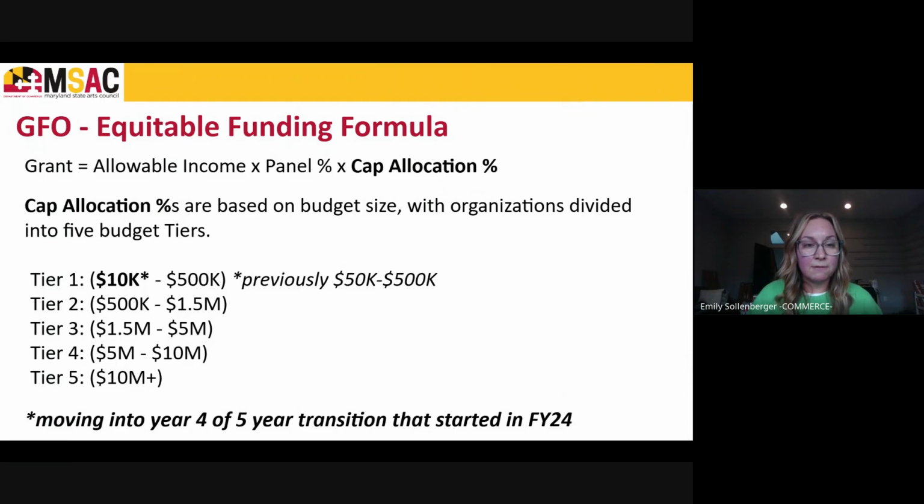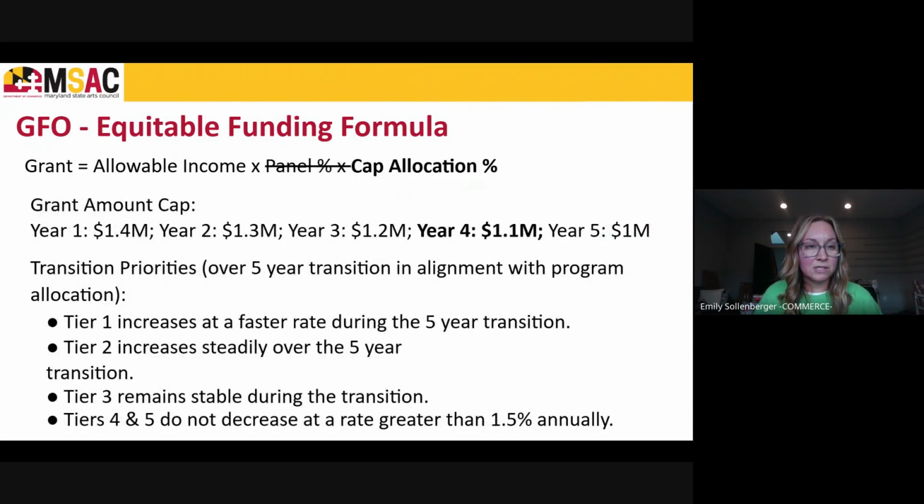So we established these tiers about 4-ish years ago. We are moving into year 4 of 5 of a transition period with this cap allocation percentage as well. So we've been doing a slow shift in the cap allocation percentages. There's also been some priorities connected to the funding formula too.